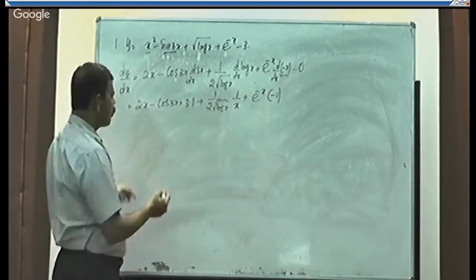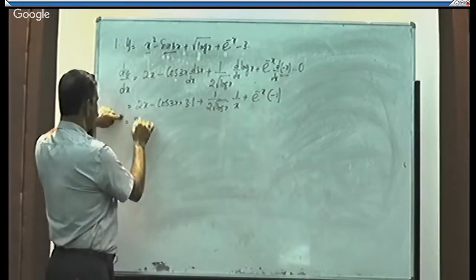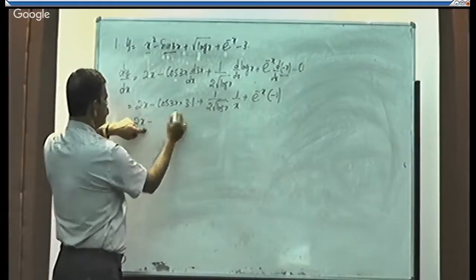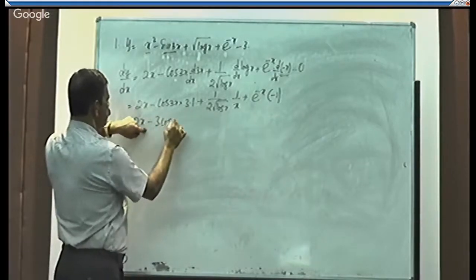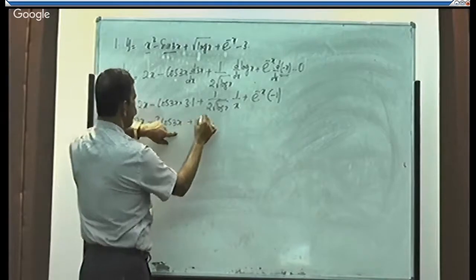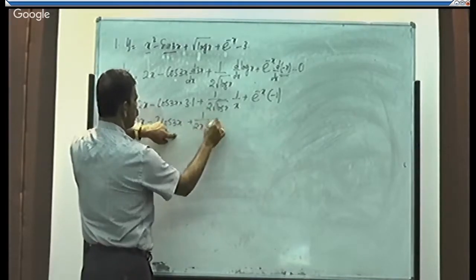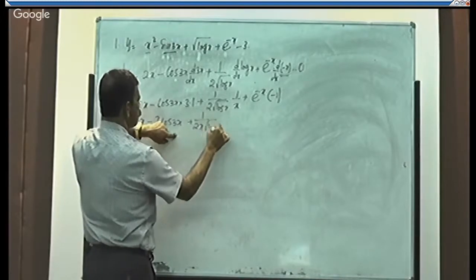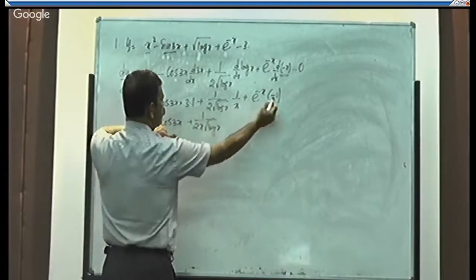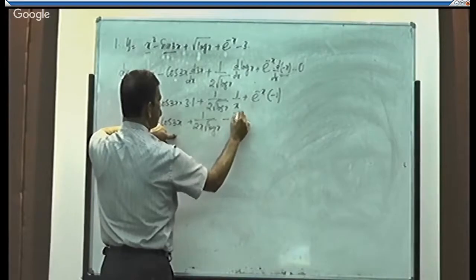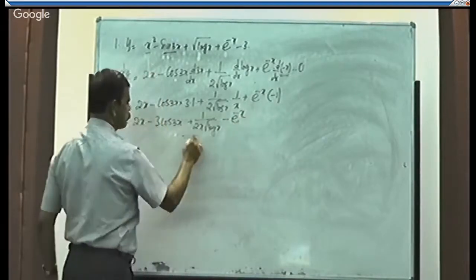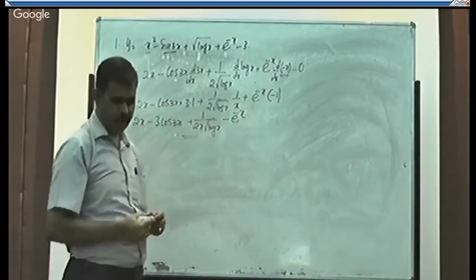Right in the order. That is 2x minus 3 into cos 3x plus 1 by 2x into root of log x plus into minus e power minus x. For 5 marks, they will ask you such questions.